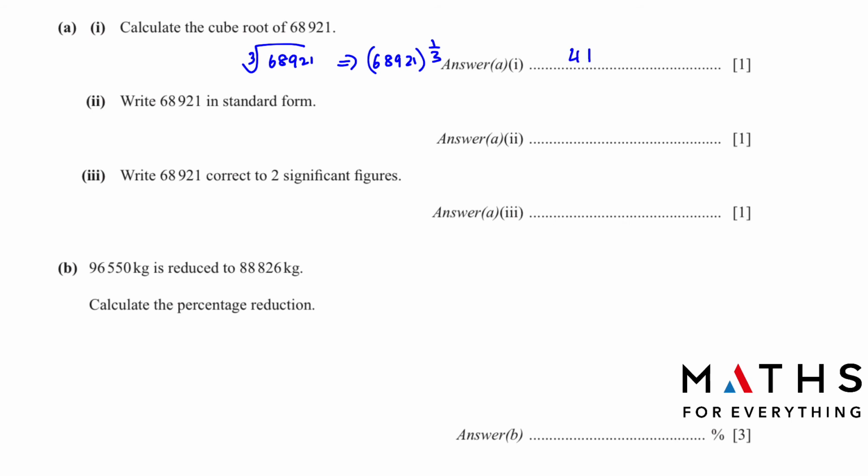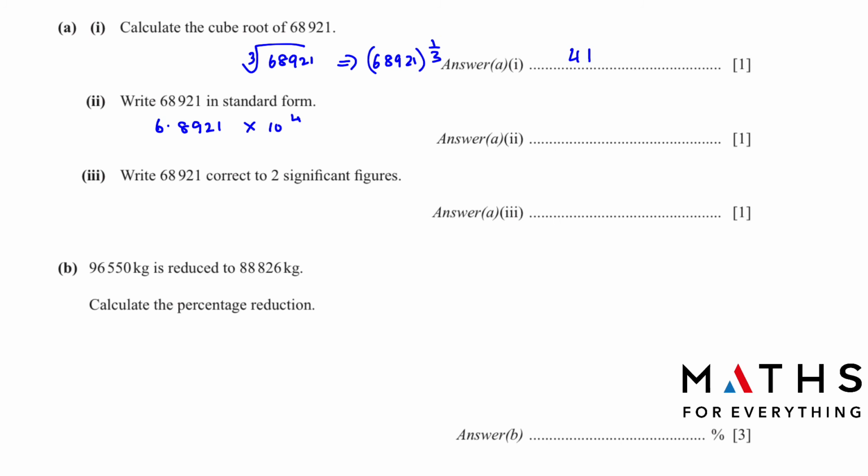Write 68,921 in standard form. When we write in standard form, we have only one number before the decimal. And how many numbers have we got after the decimal? 4. So to the power of 4. The next part, write to two significant figures.